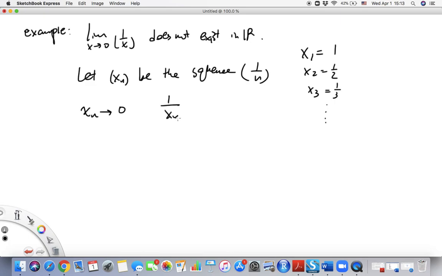But 1 over xn equals n, so that does not converge. The limit as n goes to infinity of 1 over xn does not exist. So we have xn goes to 0, but 1 over xn does not. So we know the limit of 1 over x does not exist.